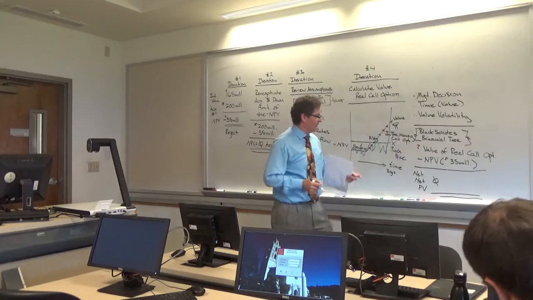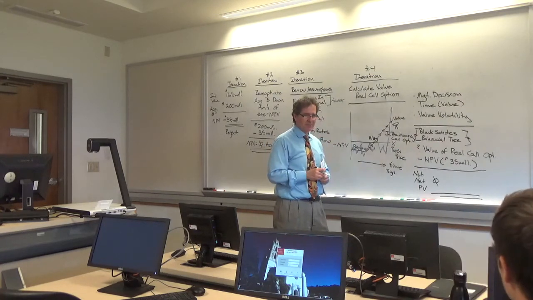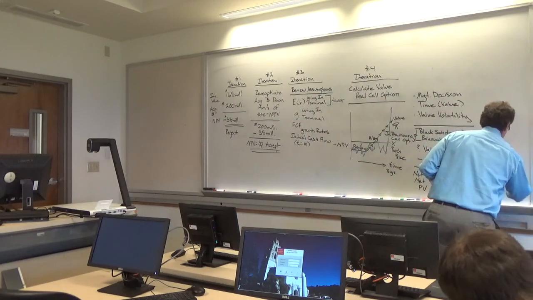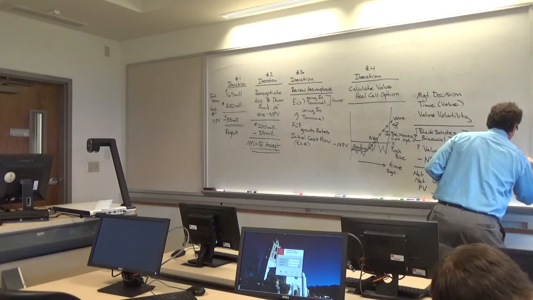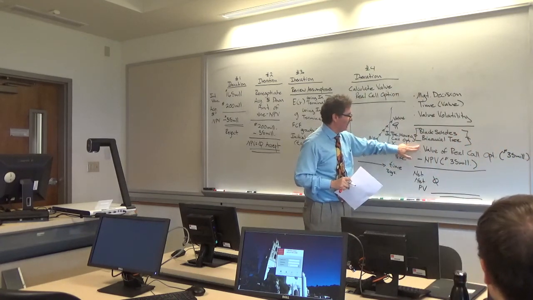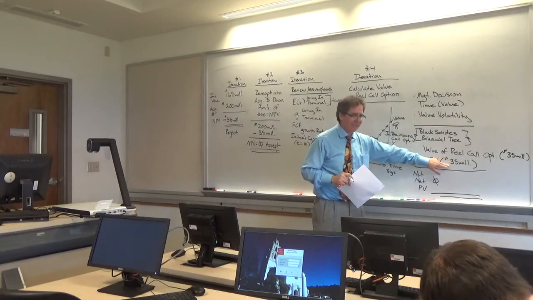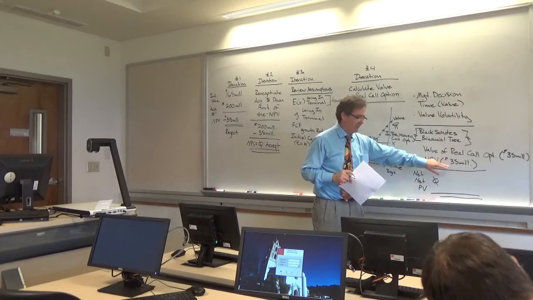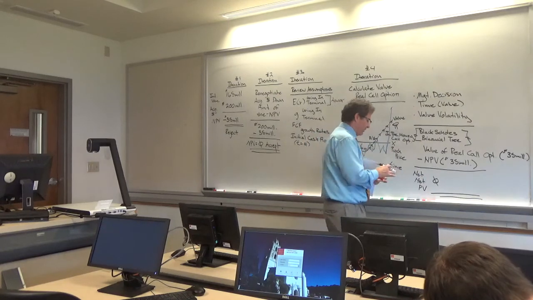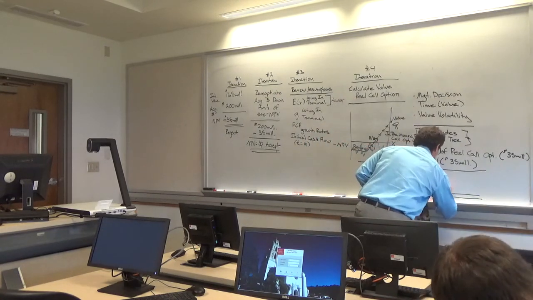So what does the value of the real call option need to be? 35 million. Got it. At least 35 million. So if the value of the real call option is 35 million, and your net present value is negative 35 million, then your net present value is equal to what? 0. And do you accept or reject it?